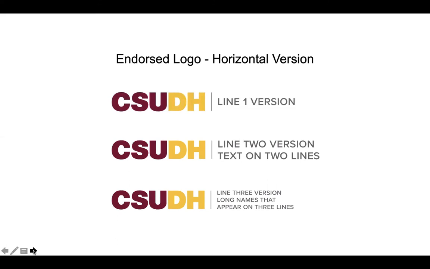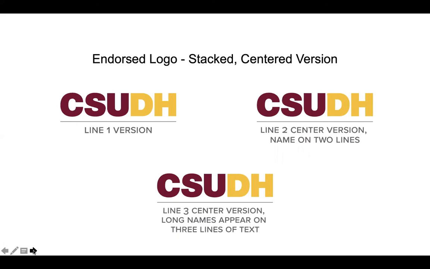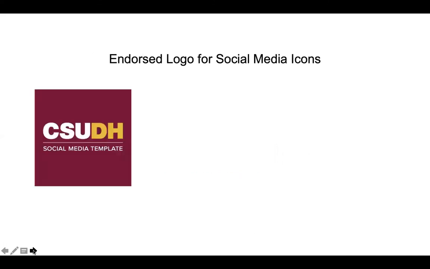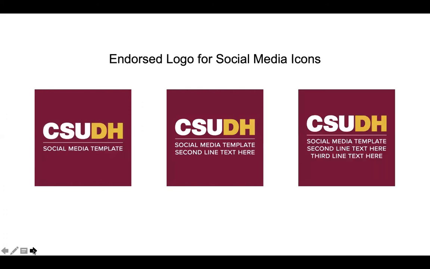It just depends on how long your department name is. And then we also have the stacked and centered version. And we also have endorsed logos for social media as well, and you can reach out to us and we can create those for you. And here is the link to some social media guidelines if you want to learn more about it.